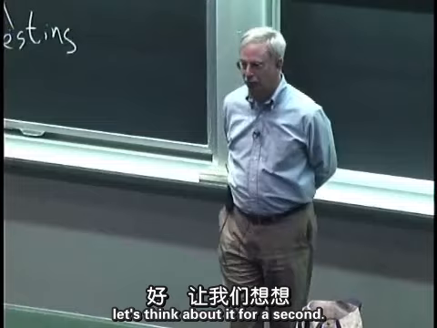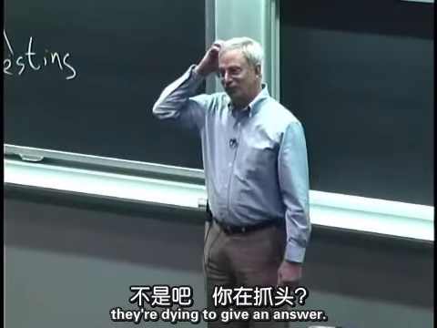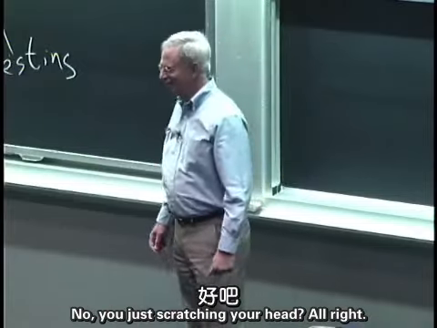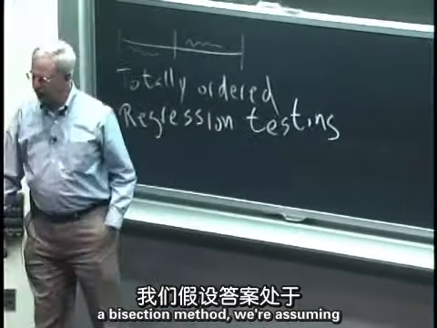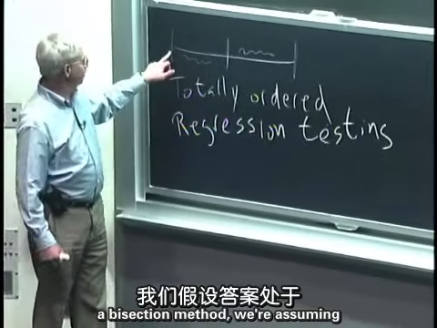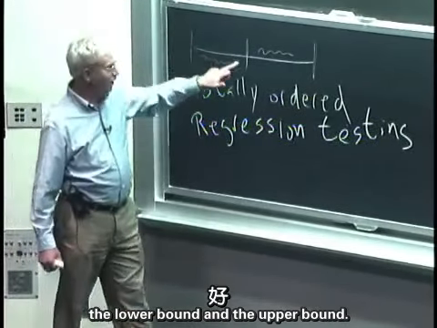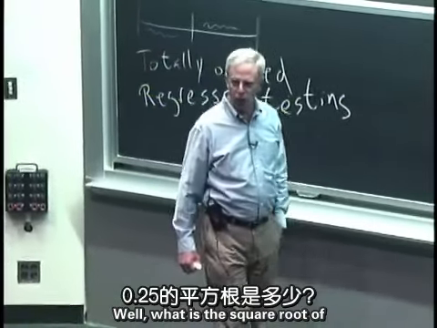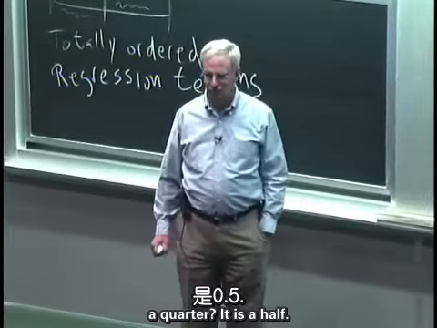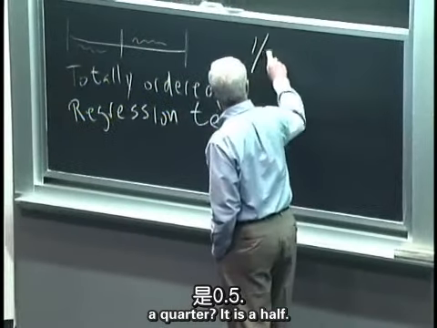Well, let's think about it for a second. Someone looks like they're dying to give an answer. No, you're just scratching your head? All right. Remember, I said when we do a bisection method, we're assuming the answer lies somewhere between the lower bound and the upper bound. Well, what is the square root of 1/4? It is 1/2.